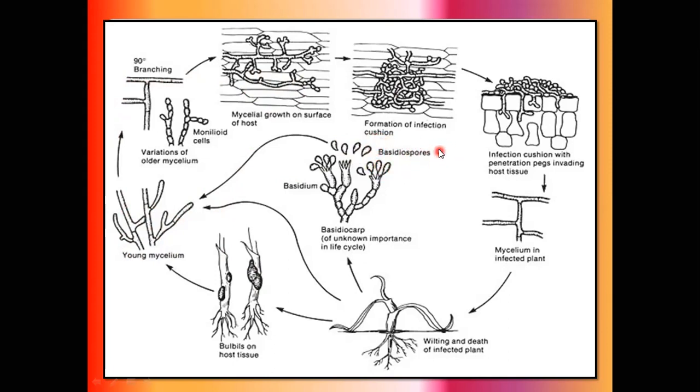This means basidiospores reproduce by sexual methods, by forming the basidiocarp. The basidiospore is generally produced by the Thanatephorus sasakii fungus, and the mycelia are generally developed by the Rhizoctonia solani fungus.